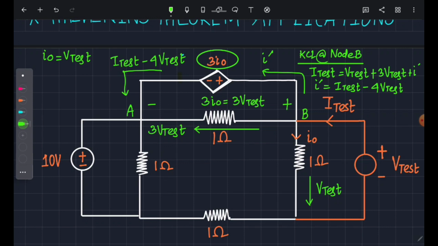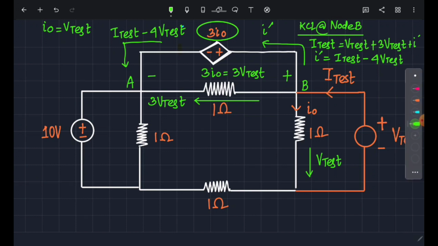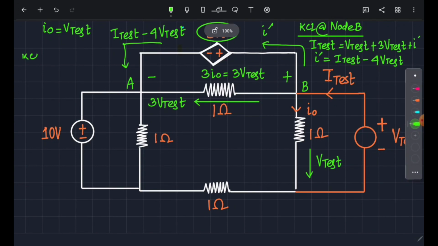Okay, now let's apply KCL at node A. For that, first we need to calculate the current that is flowing through this 1 ohm resistor. As you can see, the voltage across this 1 ohm resistor is 10 volts, so the current that will be flowing through is nothing but 10 amperes, correct? Now let's apply KCL and calculate the current which is flowing through this voltage source.